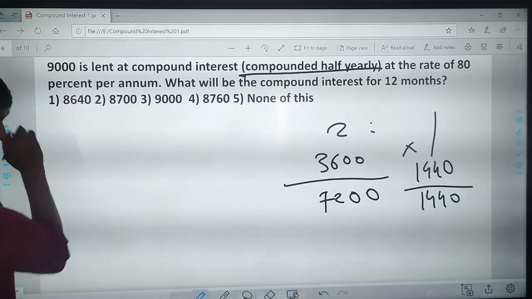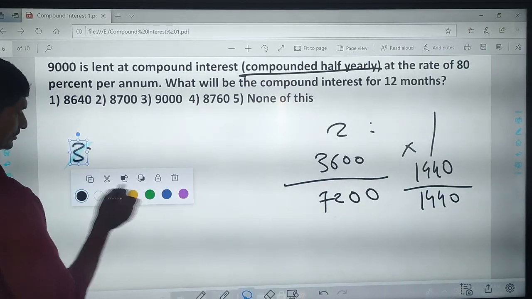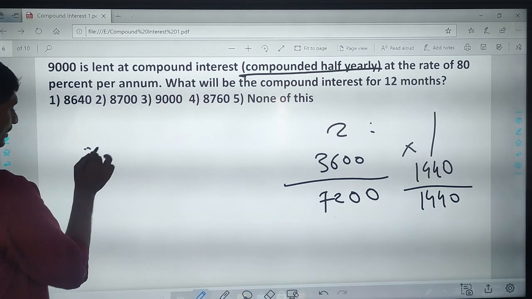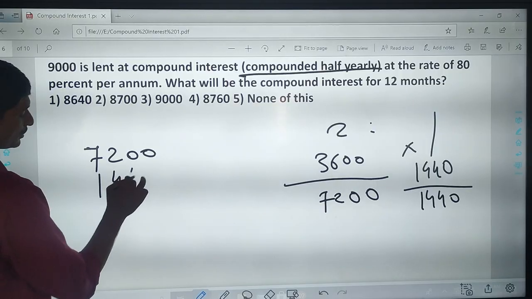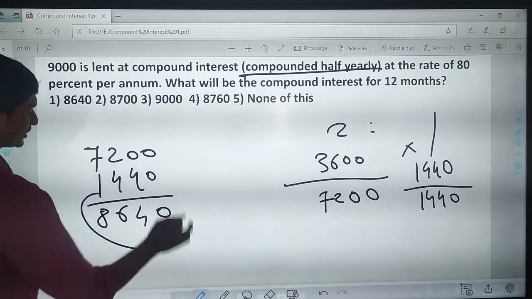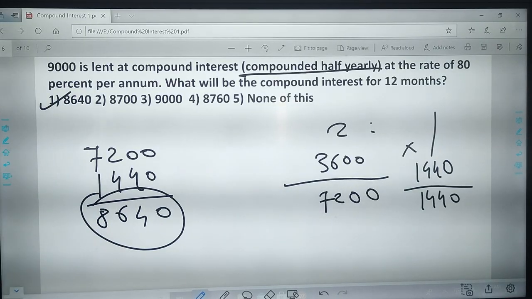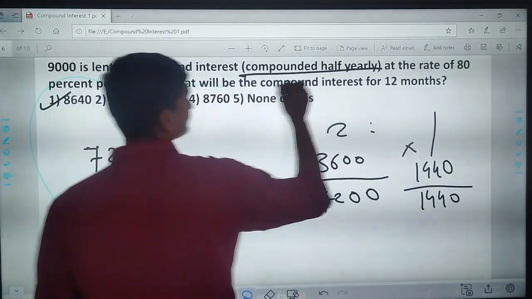We get compound interest for 2 years. Here 7,020 plus 1440. We get addition of this. This is your compound interest, 8,640. This is your compound interest. Now next.